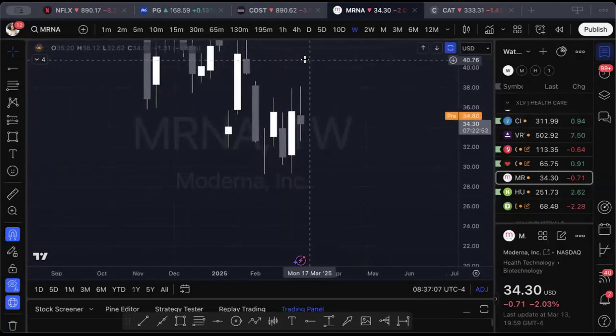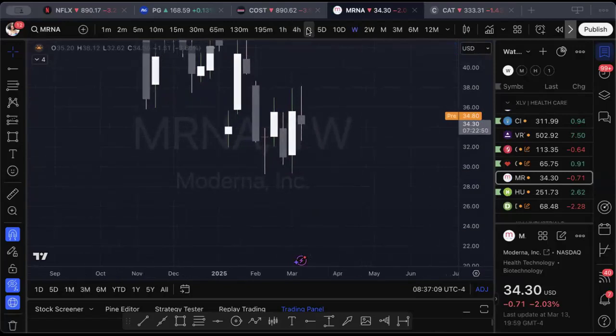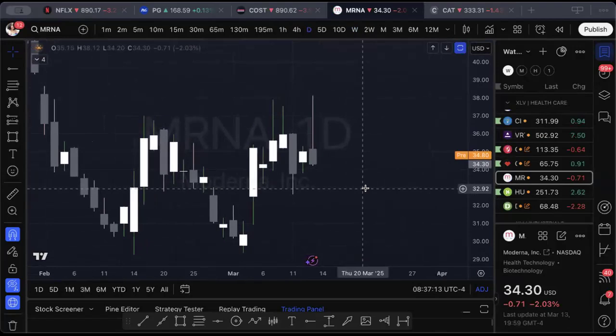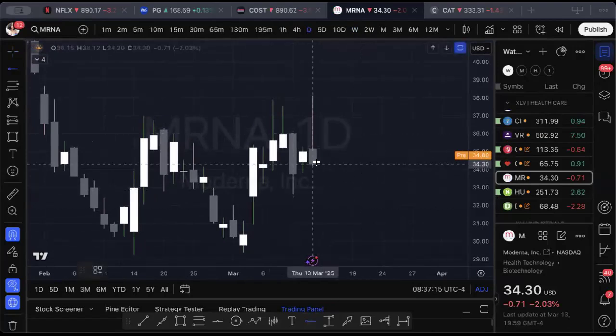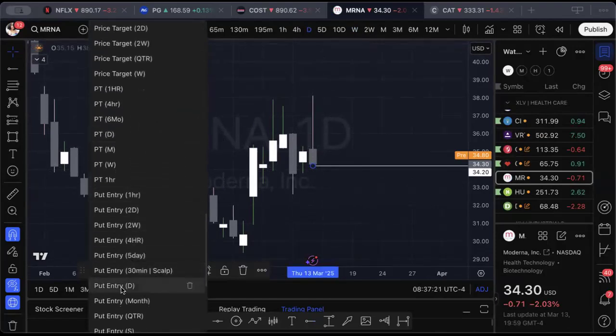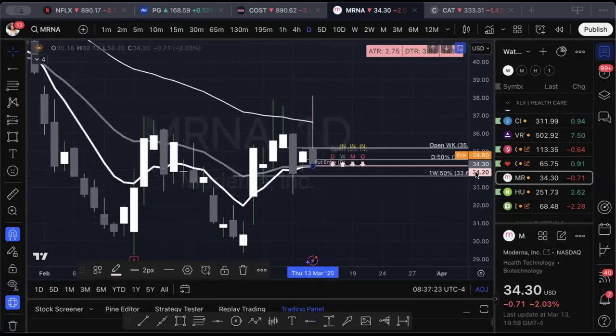So weekly time frame, we have a failed two up, and then we have this aggressive selling candle on the daily time frame for Moderna. So let's go ahead and map this out. So put entry, and let's see what we have.